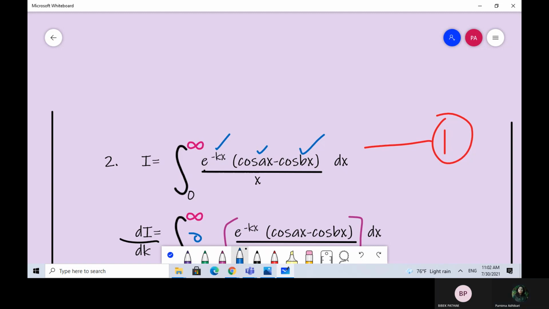So what will be your parameter of differentiation if you are not separating this? Yes, you can choose a and b, but for that you have to divide this integral into two parts, solve only one integral and use its result for the other.